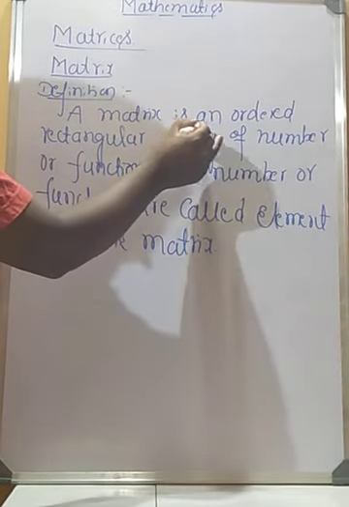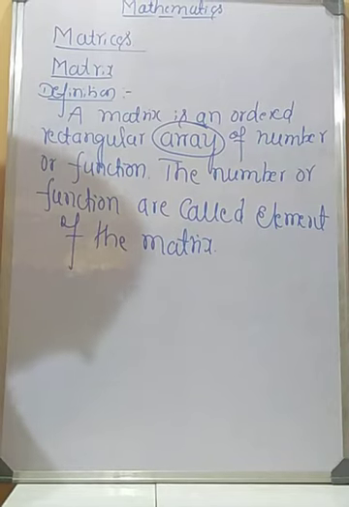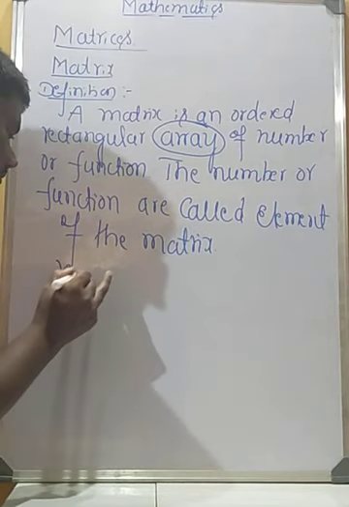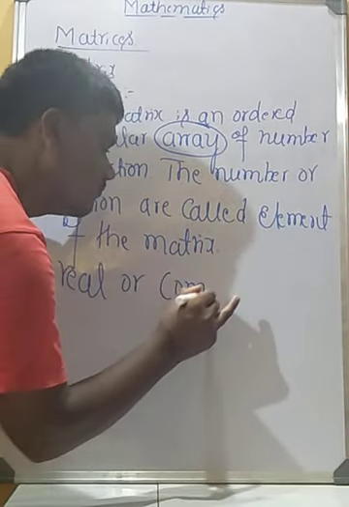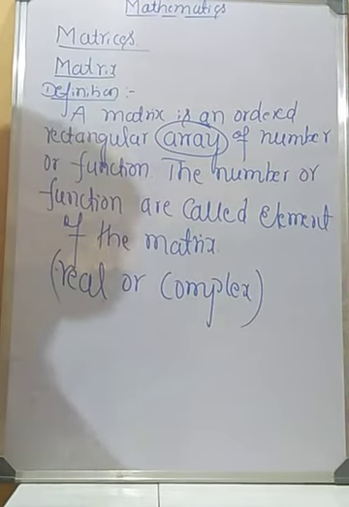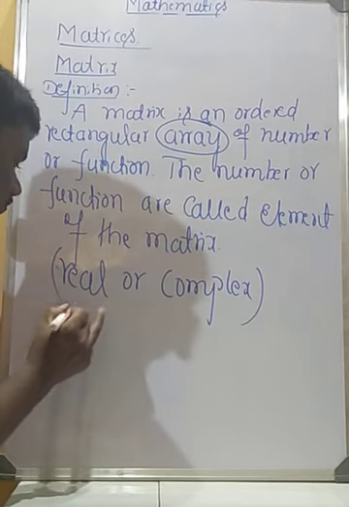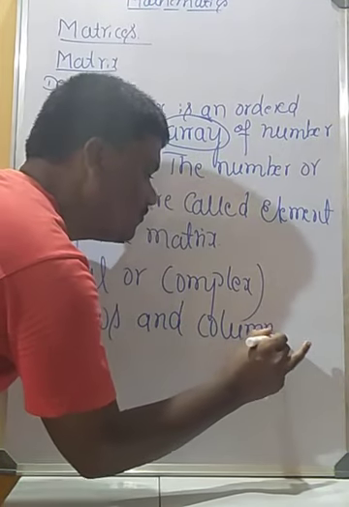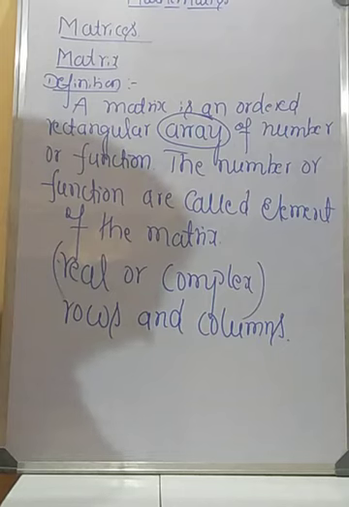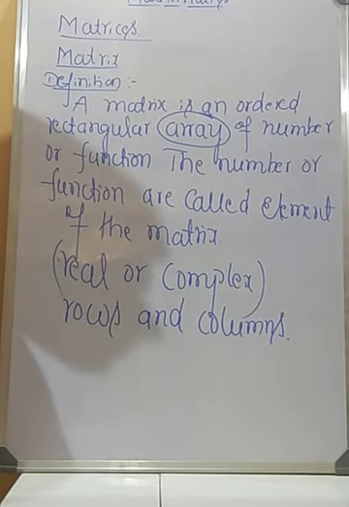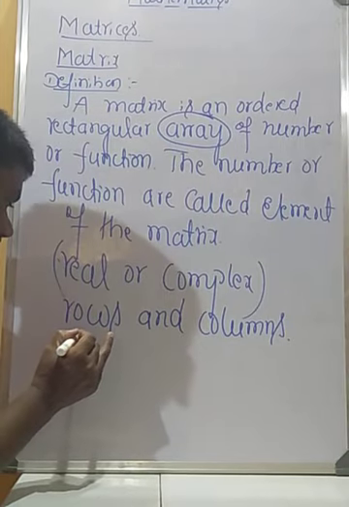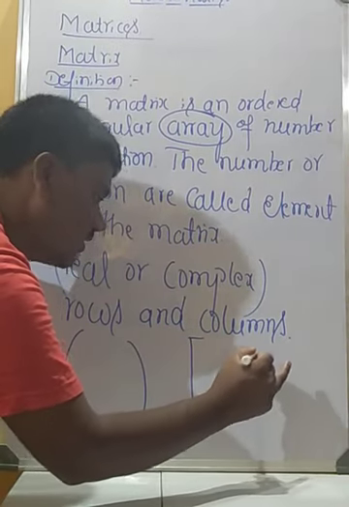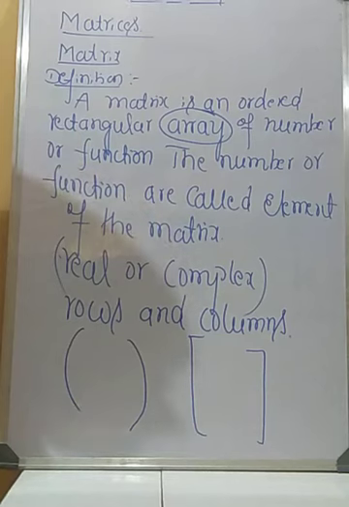An array of the numbers, that is real or complex, in the form of rows and columns, and enclosed within a pair of brackets, open brackets or closed brackets, is called a matrix.